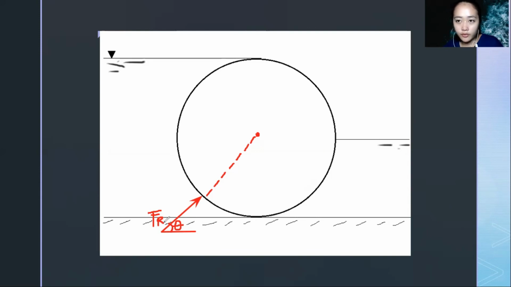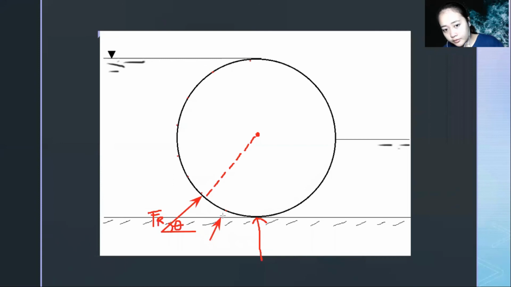So the resultant force has to go through the centroid of this cylinder because there are different pressures at this point, this point, this point, this point. So in this part, here is the greatest pressure acting on this point.